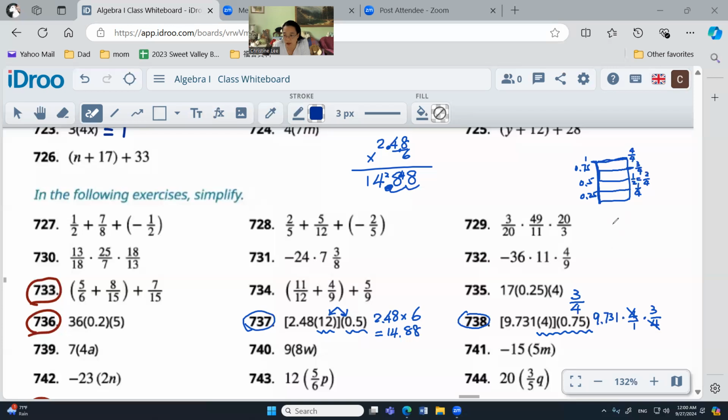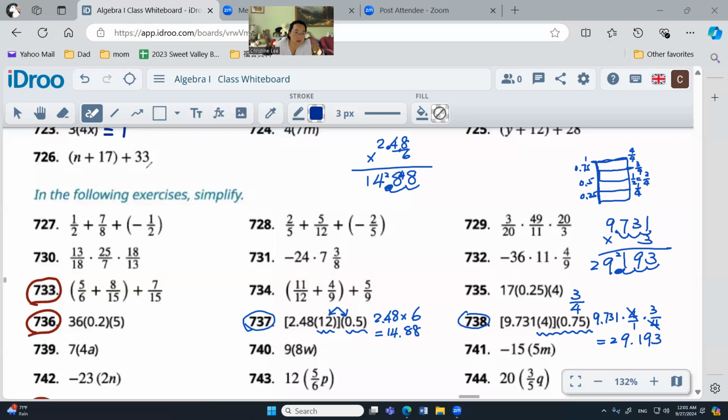Then we have 9.731 times 3. 3 times 1, 3. 3 times 3, 9. 3 times 7, 21. 3 times 9, 27, 28, 29. How many places? 1, 2, 3, 3, right? So go 1, 2, 3. Put the decimal here. Answer is 29.193.